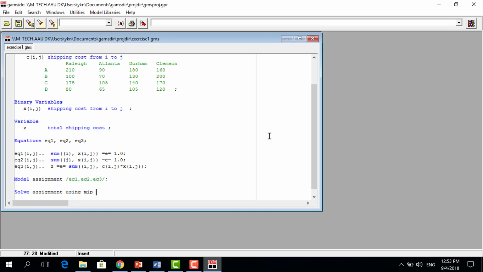We have to give an order to GAMS. What should we do with this model? Should we maximize or minimize? In this case, we have to minimize, right? So we put here minimizing the objective function, so minimizing z.